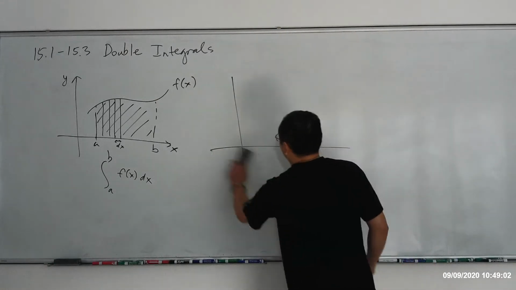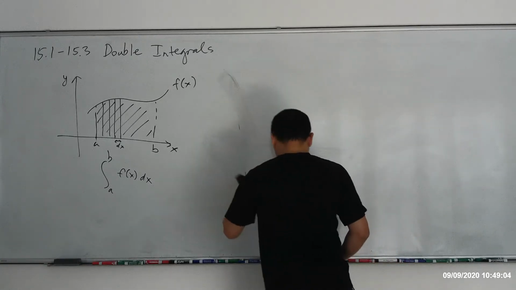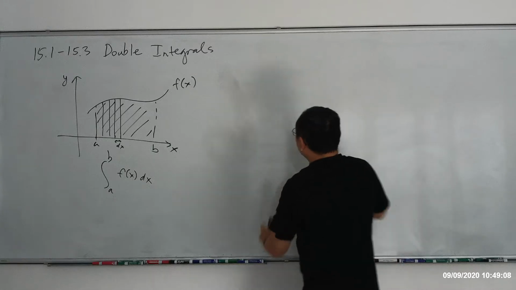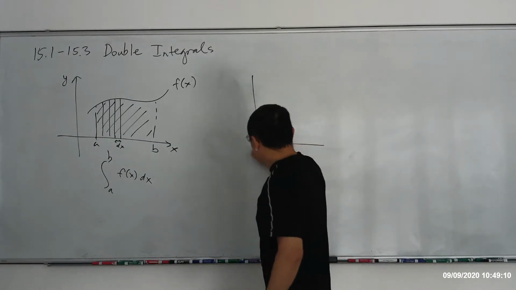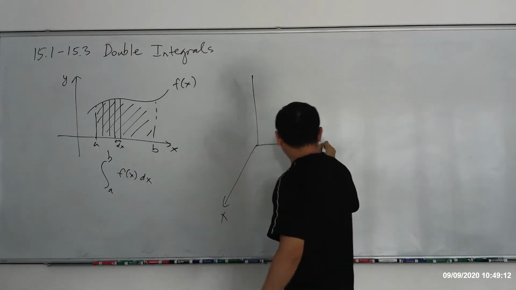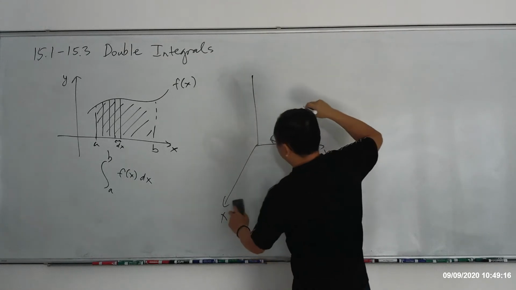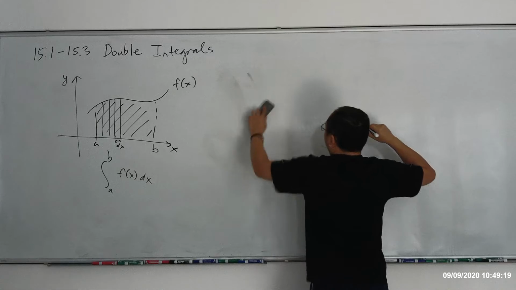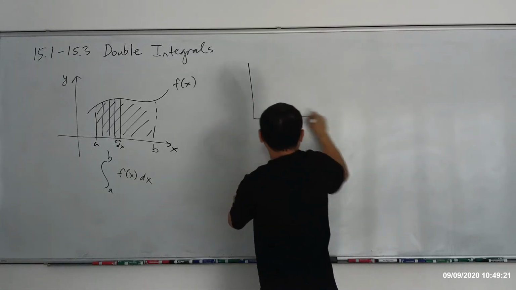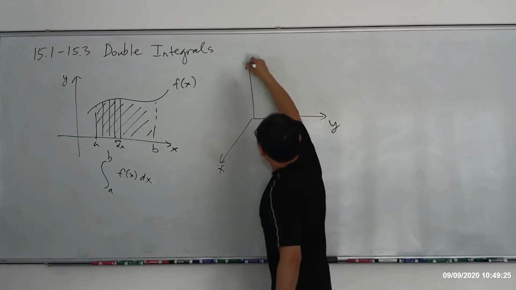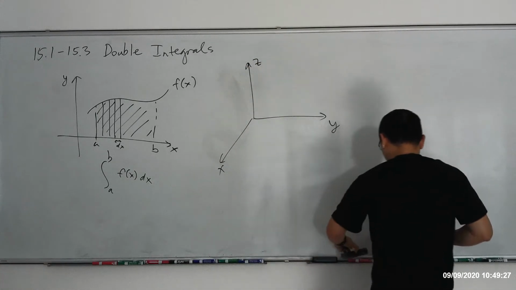So let me draw it in 3D. Say I have this. This is my x-axis, this is my y-axis, let me draw it a little bit smaller so I have some room to write, and this is my z-axis right here.